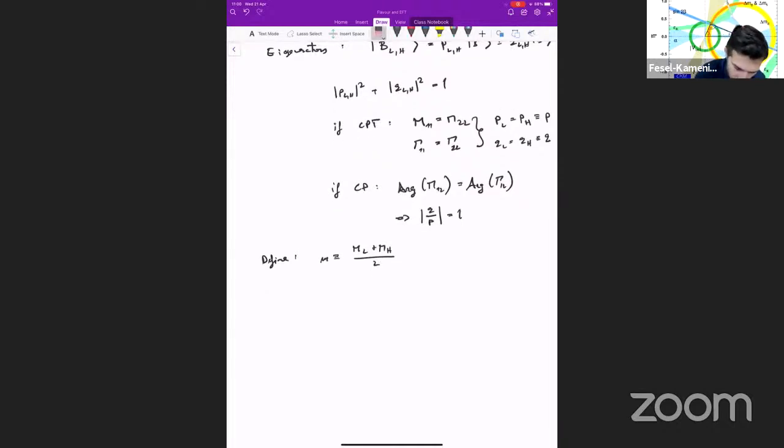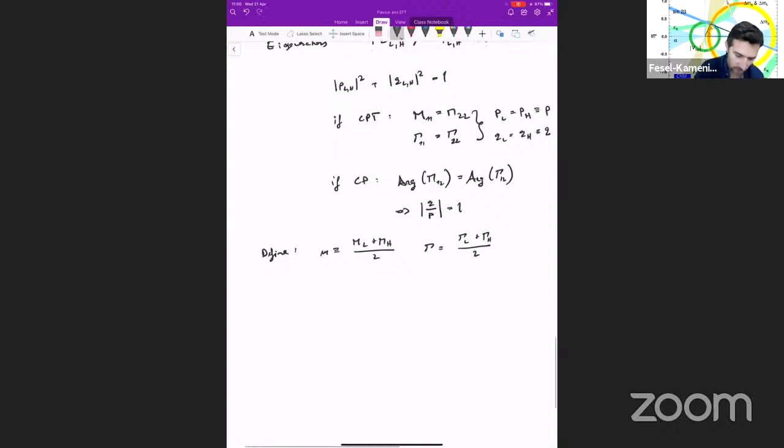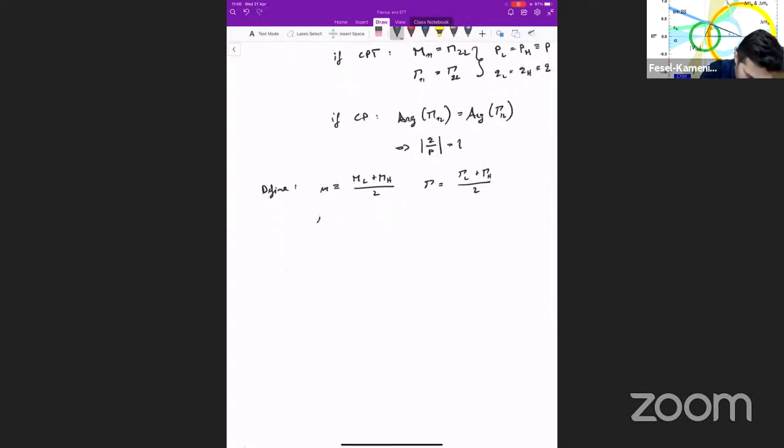And similarly, Gamma will be the average decay width, (Gamma light plus Gamma heavy) over 2. And then we can also form the orthogonal combinations, namely we will define Delta m as the difference between the heavy mass eigenstate and the light one, and Delta Gamma will be, by convention, the difference between the decay width of the heavy eigenstate and the decay width of the light eigenstate.